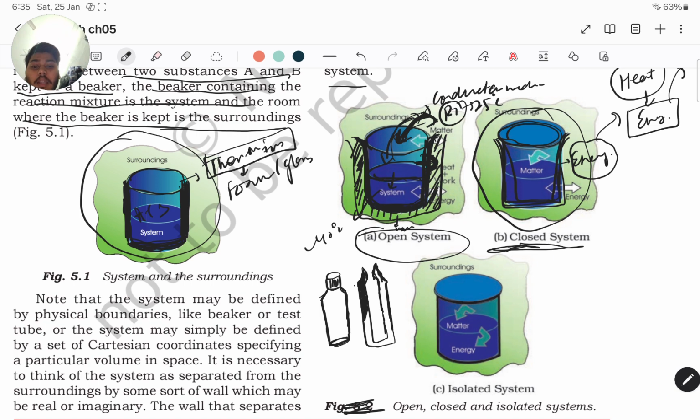So that particle took the energy from the system and provided it to the surrounding. If that particle is not there, there is no medium, there is total vacuum. Vacuum means no particle, no medium, so heat can't be transferred. That is the twist in the bottle.